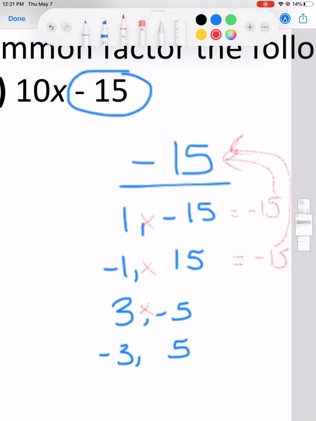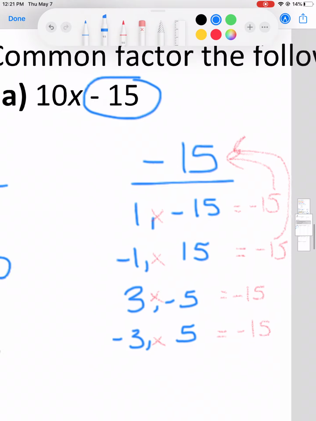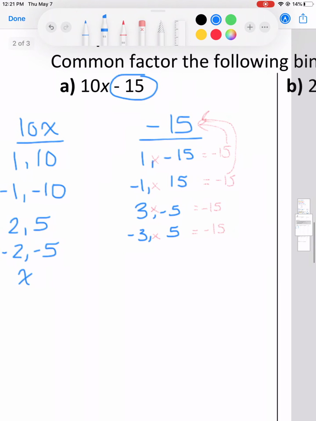3 times negative 5 is negative 15. Negative 3 times positive 5 is negative 15. Okay, so as you can see, now we're going to zoom out. Which of these is the biggest? Which number appears that's the biggest? Okay, there's ones.